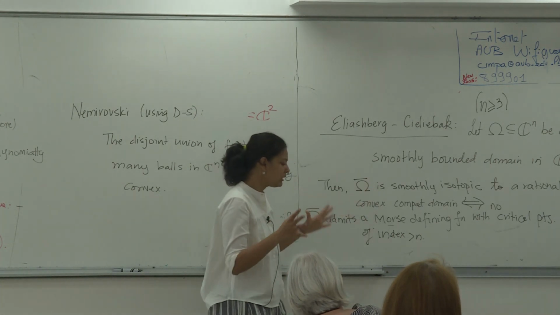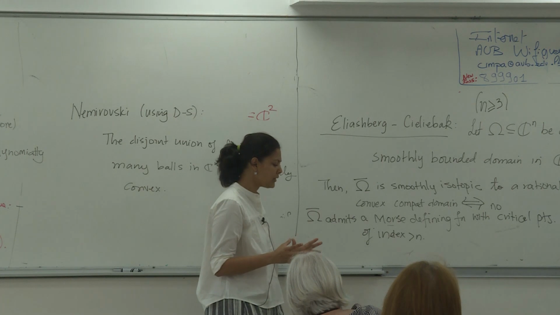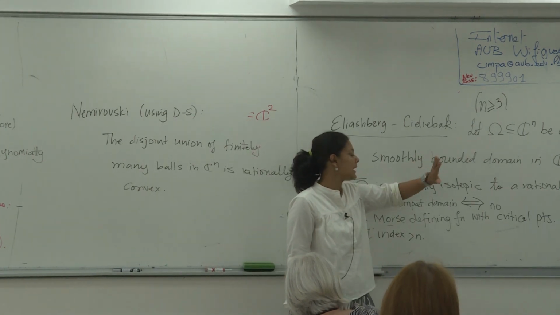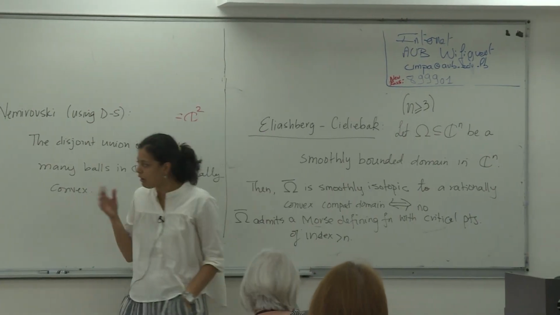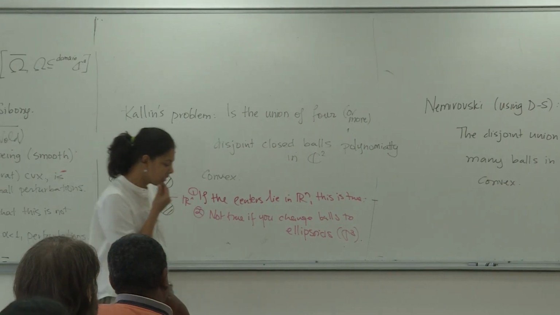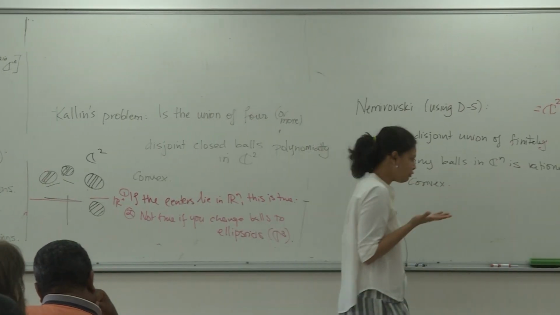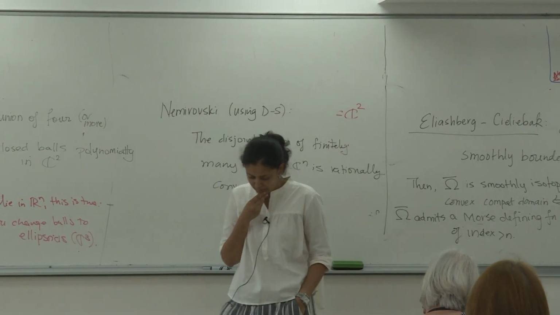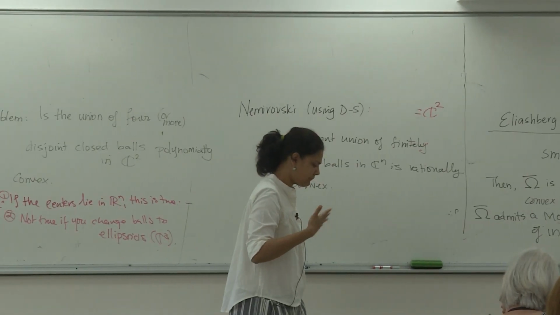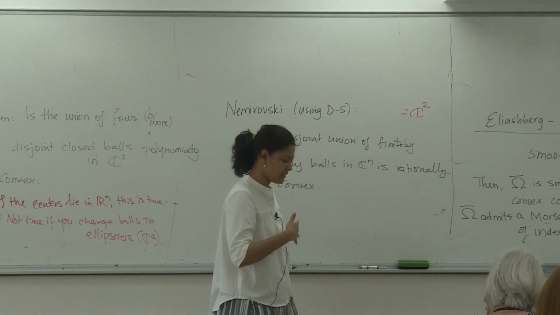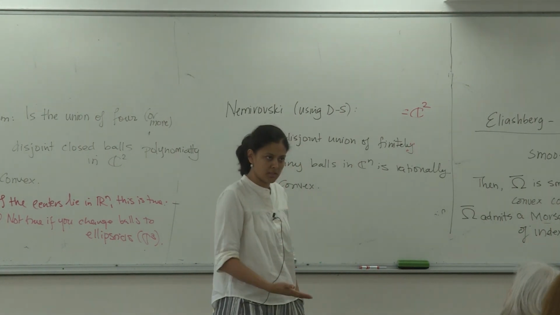So there is a whole body of work which tries to understand this. Of course, in dimension 2, there are some special cases that have been studied. There is work of Nemirovski and Siegel, and there's some very recent work by two contact geometers, who don't have any background in several complex variables, where they study very simple three-dimensional real manifolds called homology spheres.